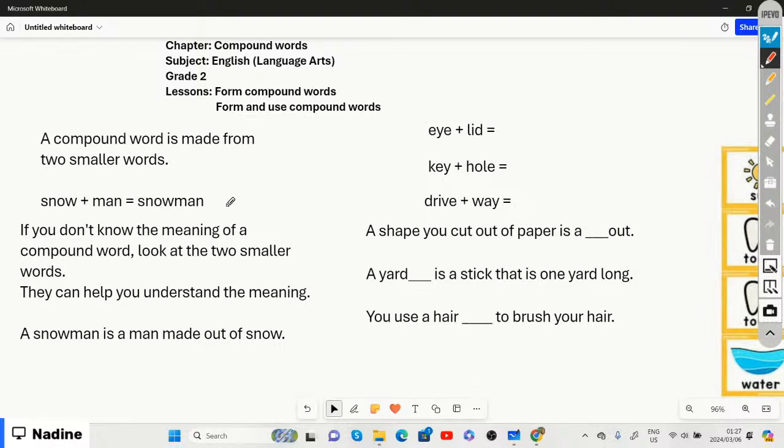Yes. So dish plus washer is a dishwasher. So well done. Dish plus washer is a dishwasher. Remember, only two words. Only two words.